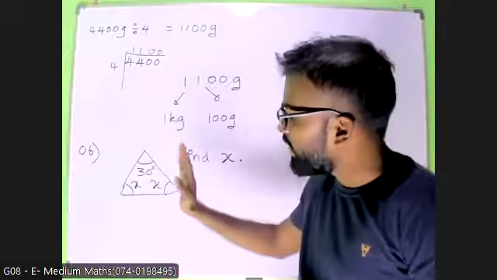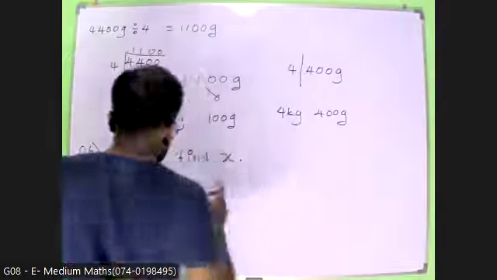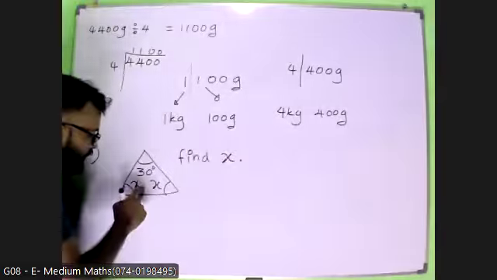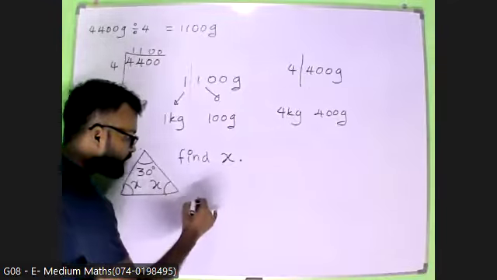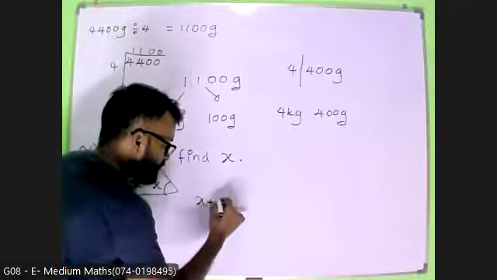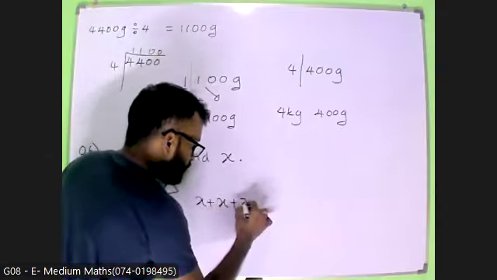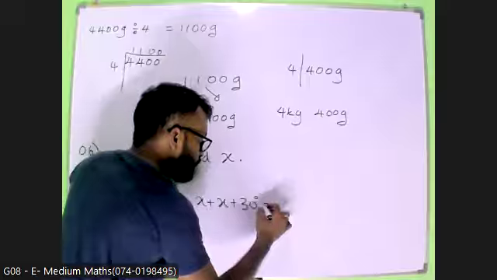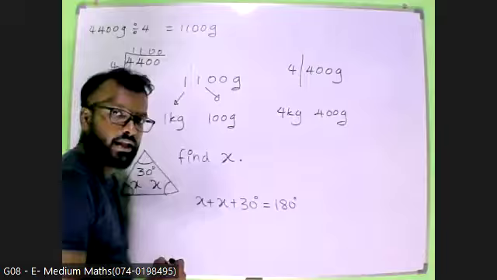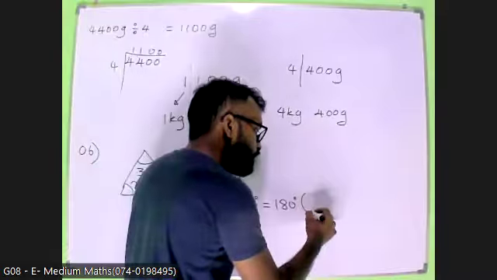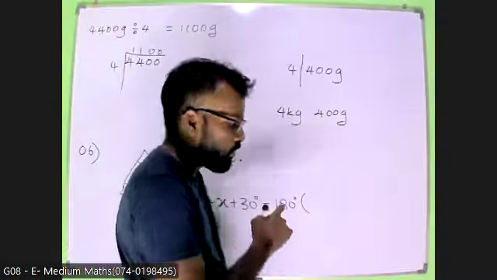So you have to use that here. How do you use that? x plus x plus 30 degrees equals 180 degrees. So you have to write down the reason.